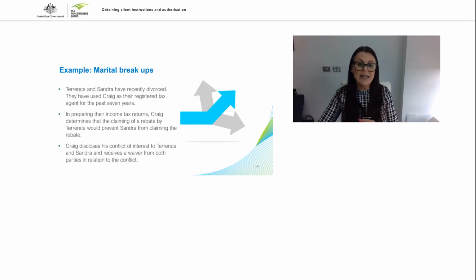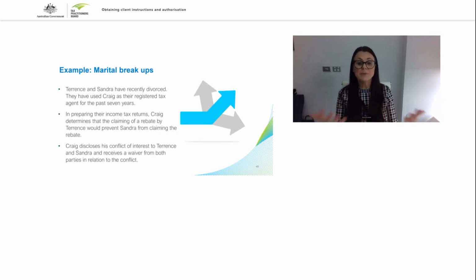Additionally, a perceived conflict may arise regarding one or both clients holding any belief that Craig may not be able to objectively provide appropriate and impartial services to each of them. Craig appropriately discloses his conflict of interest to Terence and Sandra, and he receives a waiver from both parties in relation to the conflict.